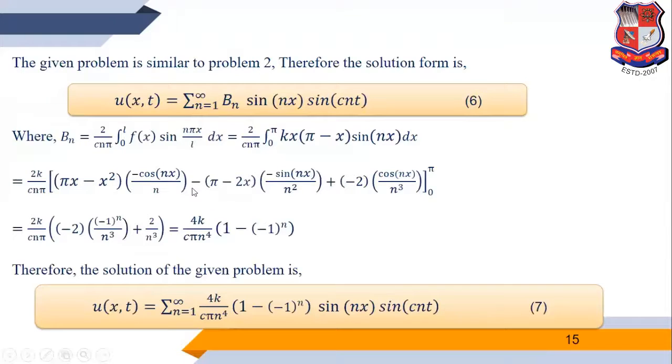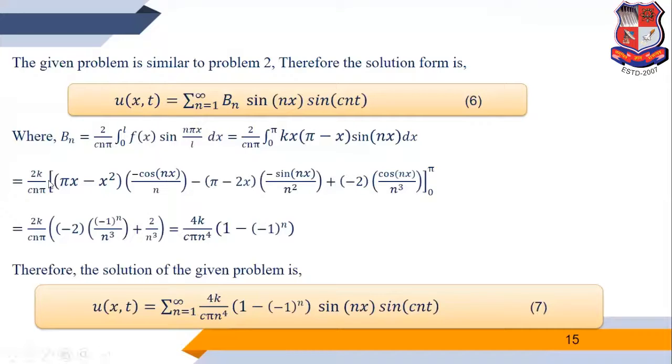So u as it is, integrate of sin(nx) is this. Now differentiate this bracket is this, integrate this bracket is this. Now again differentiate this bracket is −2 and integrate this bracket is this, and the limit is 0 to π.